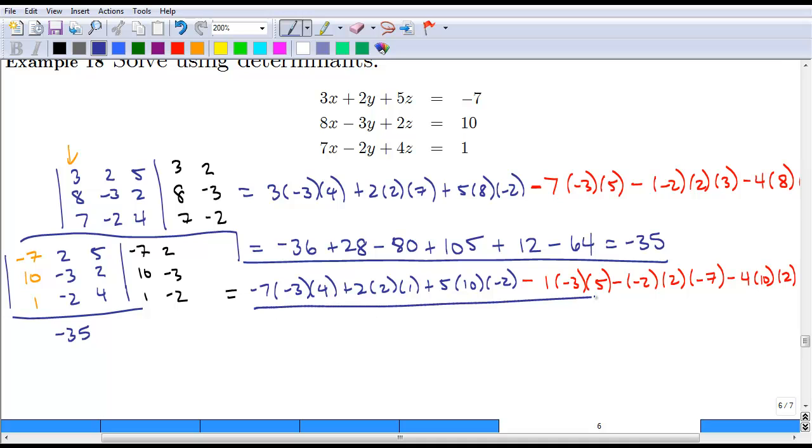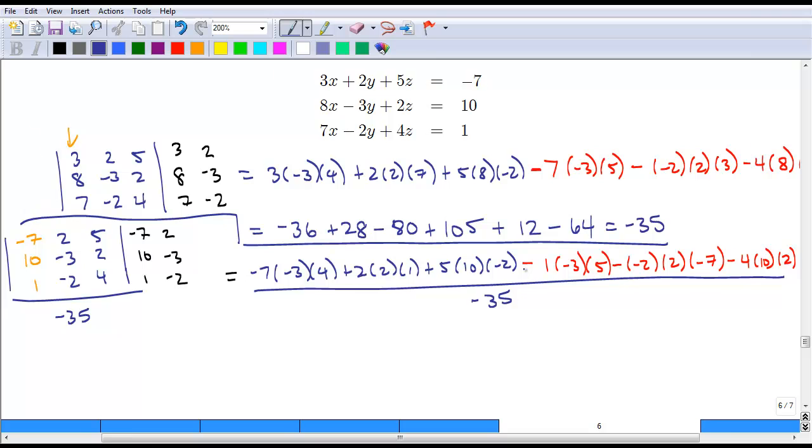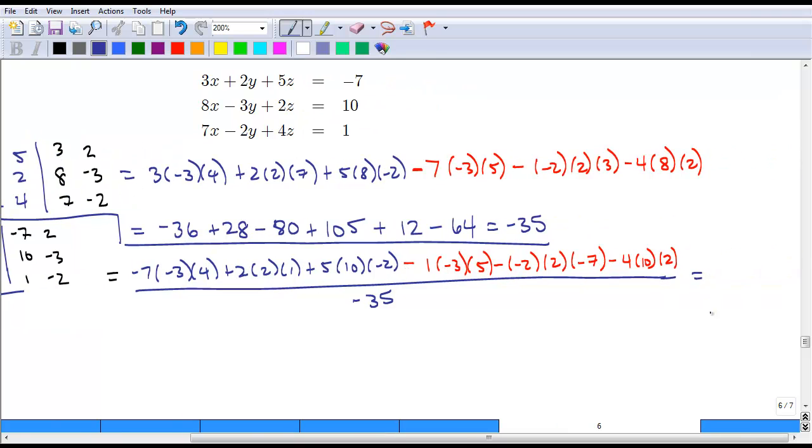Again, this is all divided by our negative 35 that we found before. When we simplify this entire thing, we get negative 105 over negative 35, which simplifies to be 3.